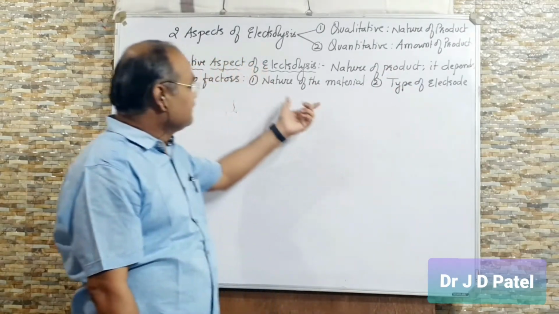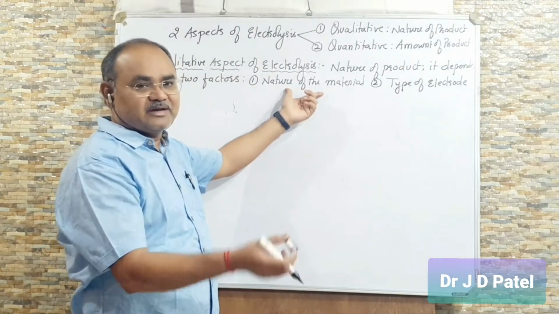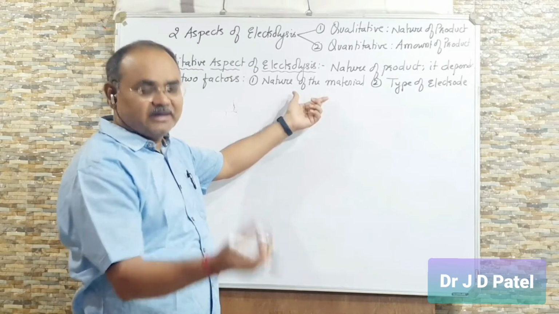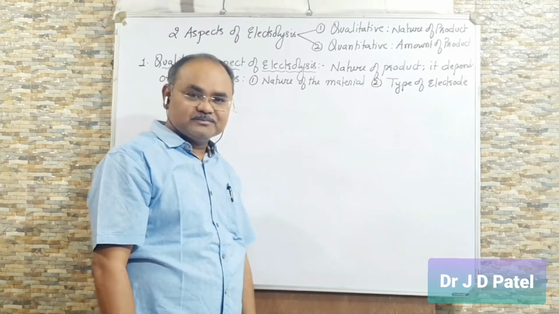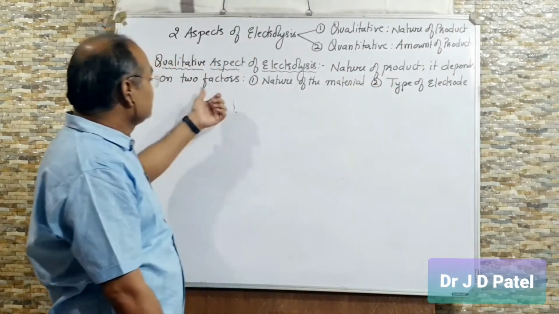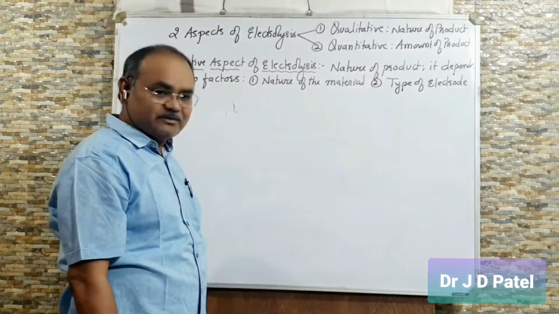Same way here also, if you use NaCl dilute, NaCl concentrated, or NaCl molten, then also the nature of the product will be different. So the nature of product depends on two factors: nature of the material and type of electrode. Both of them we are going to discuss one by one.